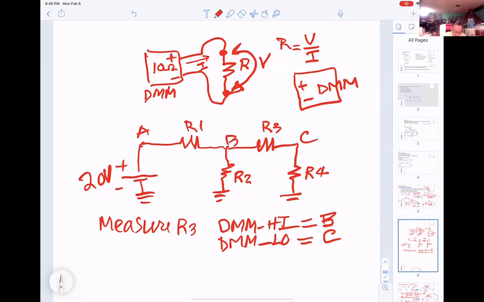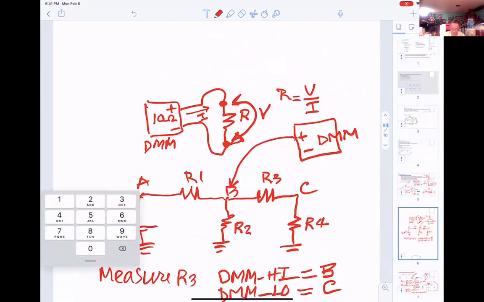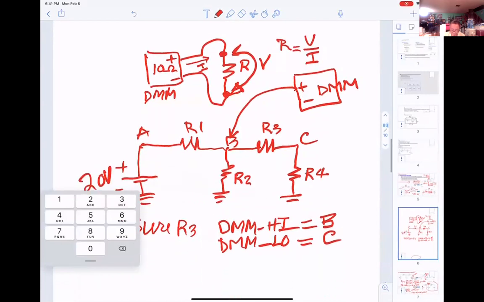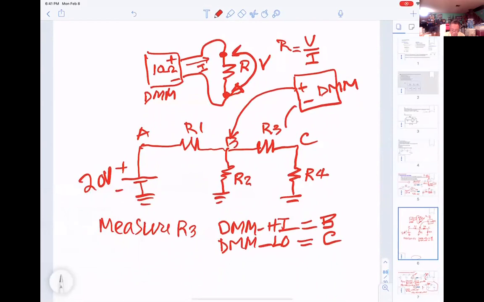Okay, now, if I don't remove it, see what happens. Positive is here, right? Negative will be connected to here. Correct? Right. Okay, now, if you don't remove it, see what happens, like I already explained to you.